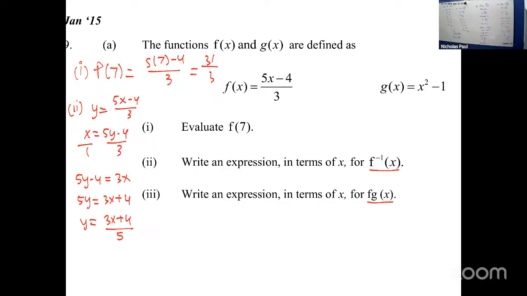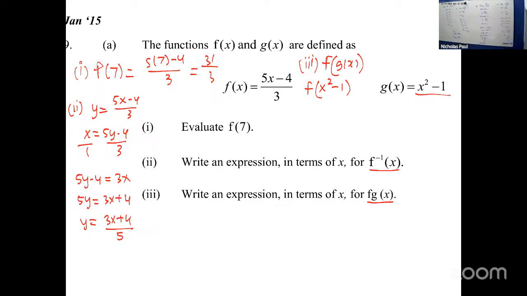And the last step is a little bit different. They want f of g of x. So that's part 3. We did a few of these, right? So you have to write g of x. That's x squared minus 1.